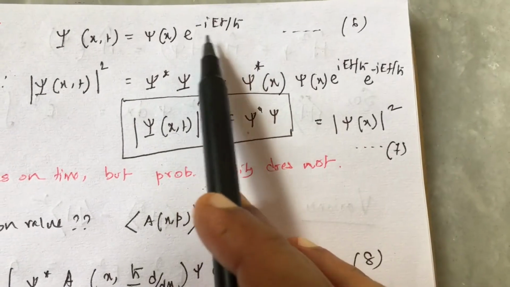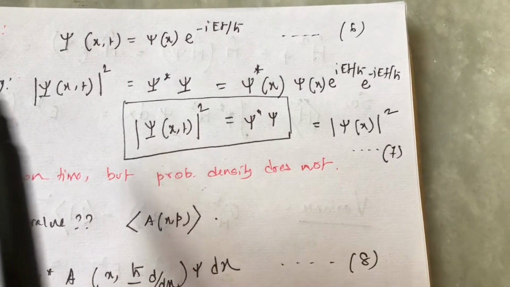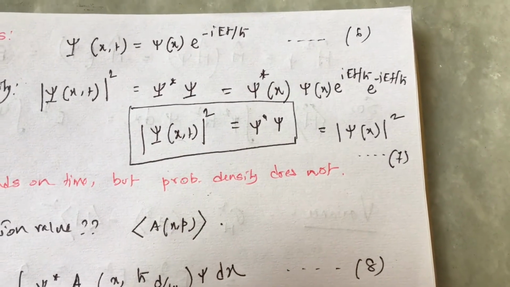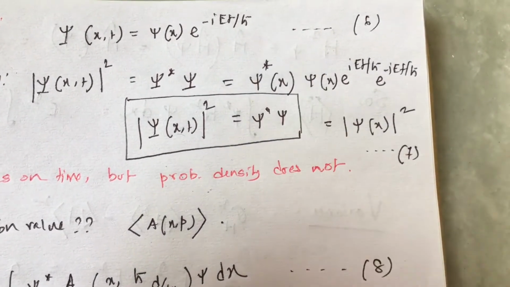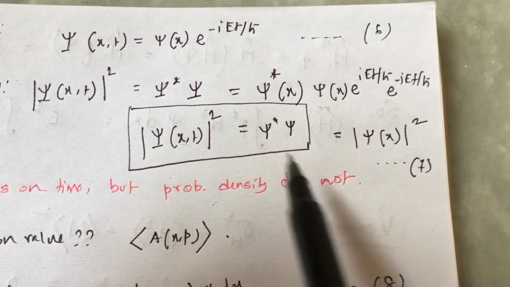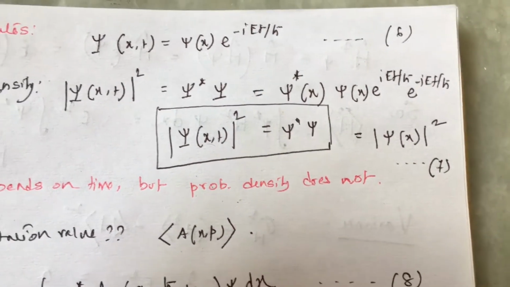If it is plus, then if t is very large, e to the power plus infinity tends to infinity, and the wave function would blow up. So we can take this solution. Mathematically, we can take the solution. Physically, it is completely okay.